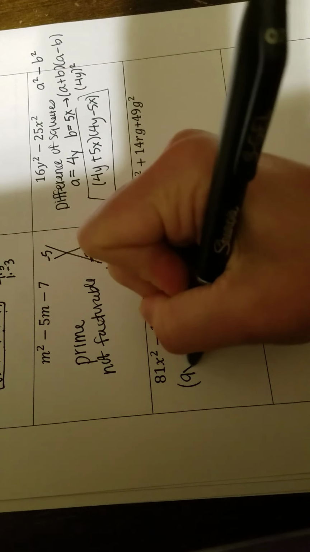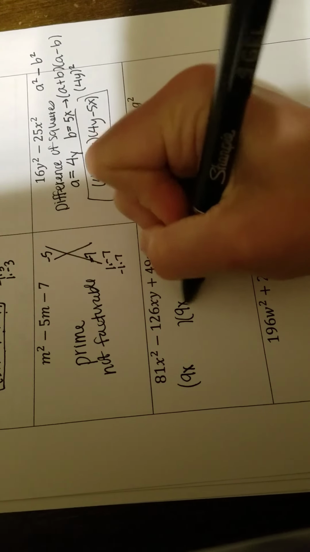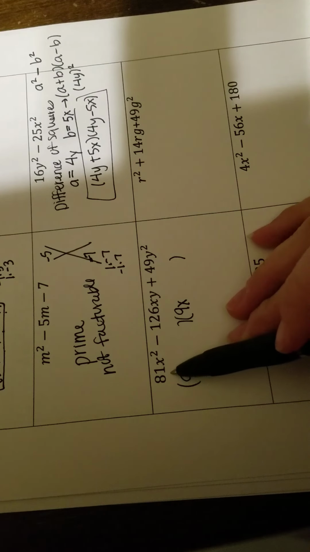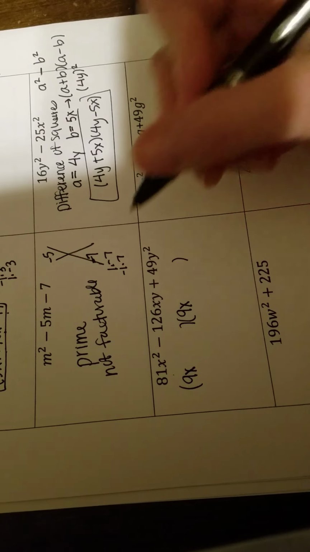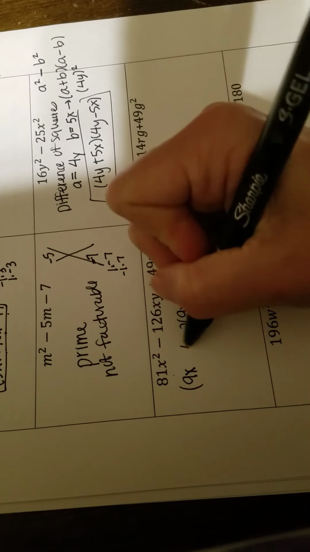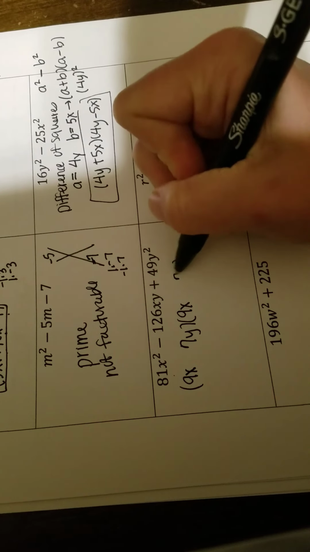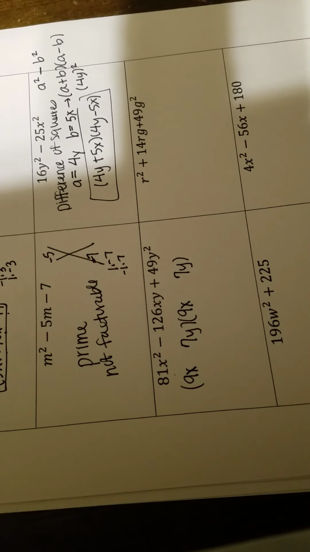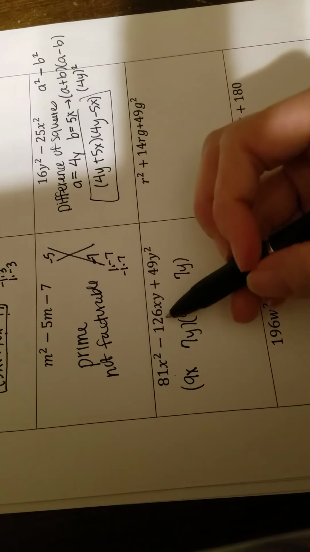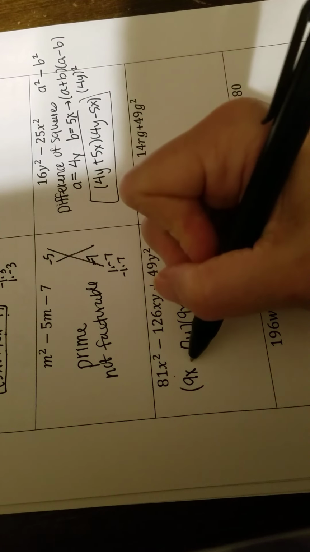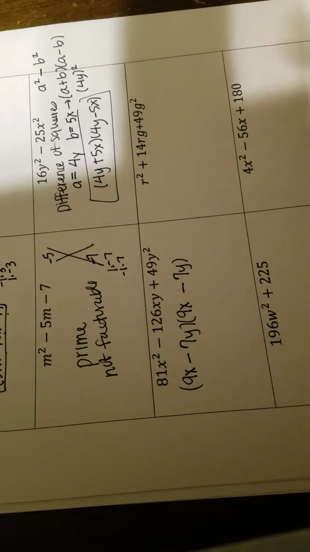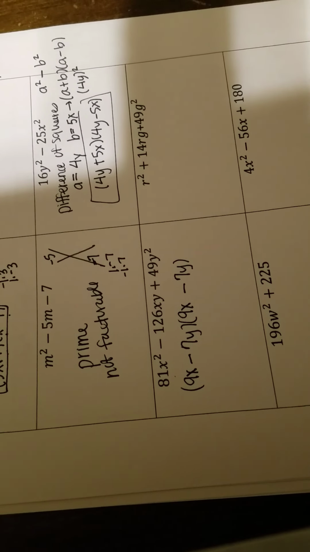But sometimes you can just see, like I'm recognizing the 81 breaking down into 9x and 9x, and the 49y squared breaking down into 7y and 7y, okay? And to get this large middle term, I'm going to go ahead and try it with two subtraction signs in there, okay?